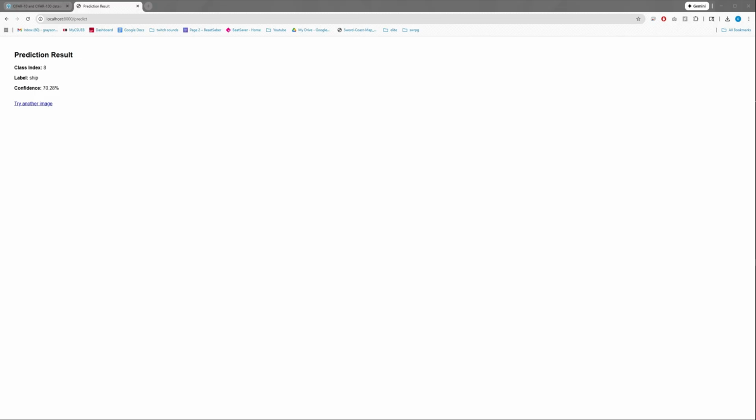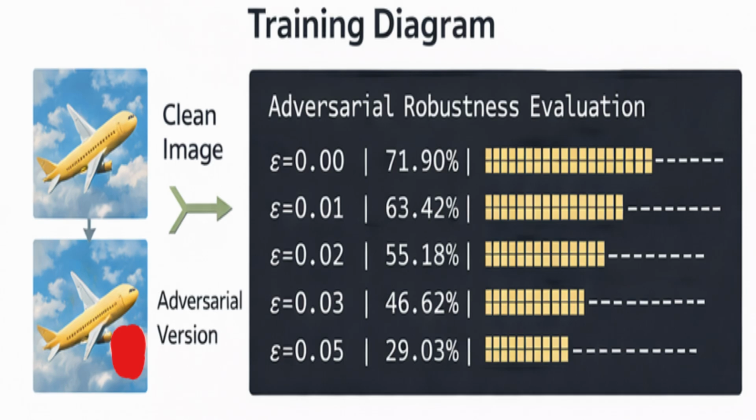This can be done in multiple different ways by adding in what I will show later to be like a patch on an image so that the model gets tricked to learn what that patch is rather than what the image actually is.